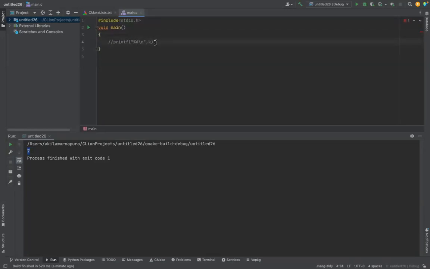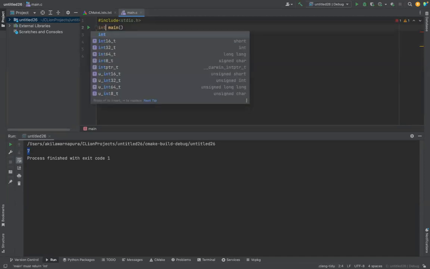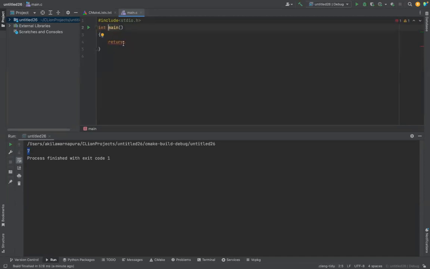Then what you have to do is just return. If the return type is int, then you have to provide the value. You can return 0, you can return 7. Not only 0, you have to return something. That is why we need to return. That means you provide that the main function will return something.